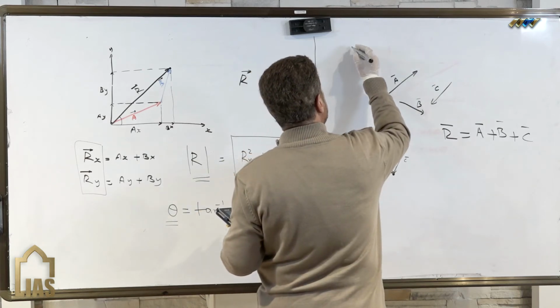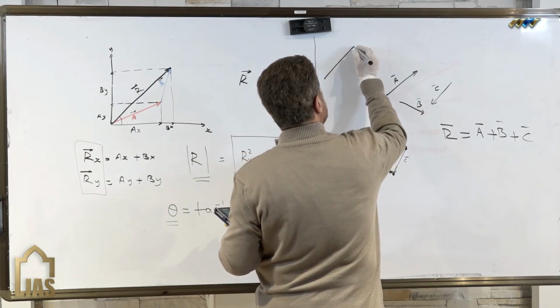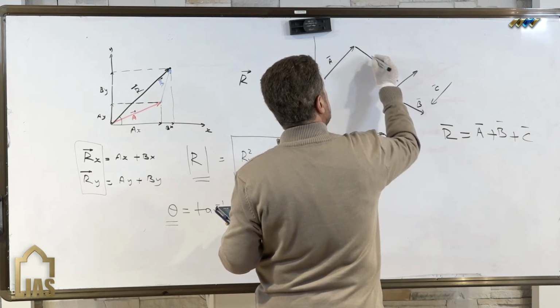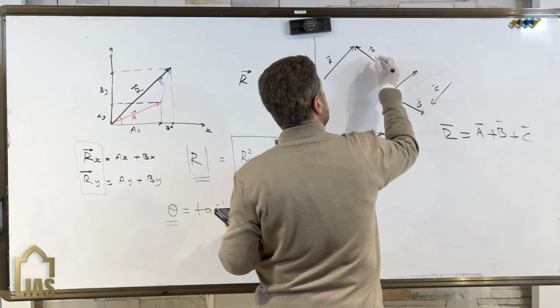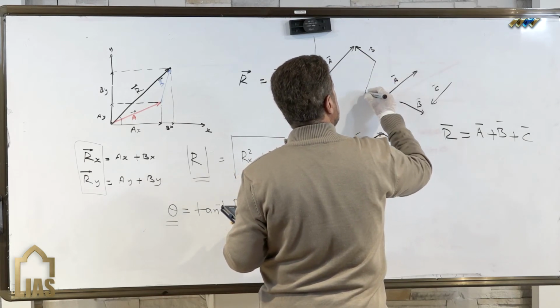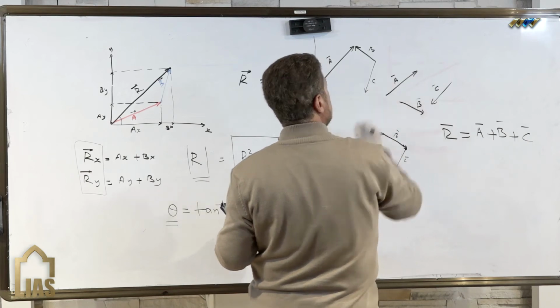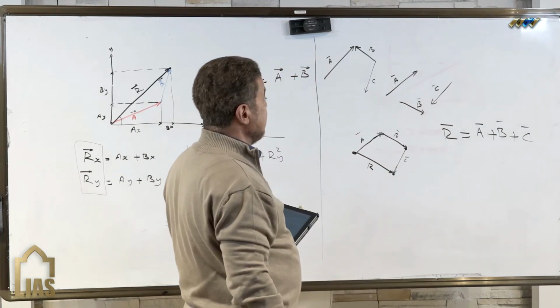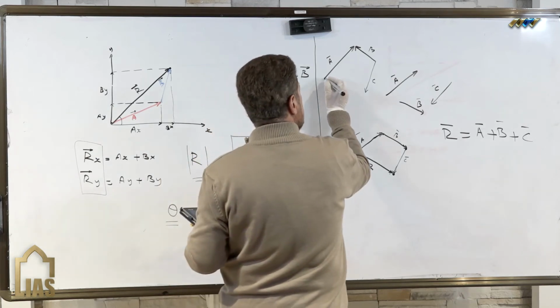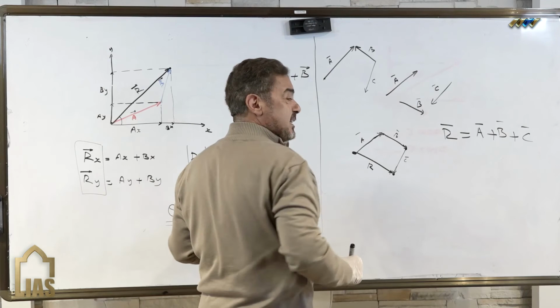If we have that, this is A, this here is B, and this here is C. And our rule is head to tail, but this is head to head.